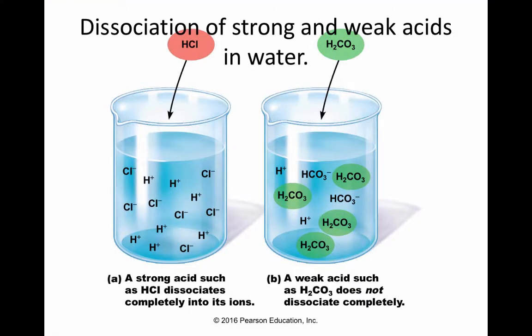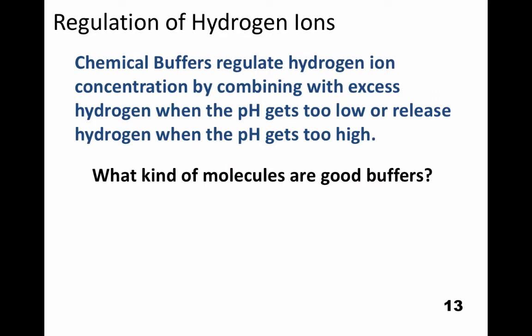So when we're talking about what are good buffers, chemical buffers help to regulate ion concentration by combining with excess hydrogens when the pH is too low, or releasing hydrogens when the pH is too high. So these are not going to be strong acids and strong bases. There's a few of them that are really good here.